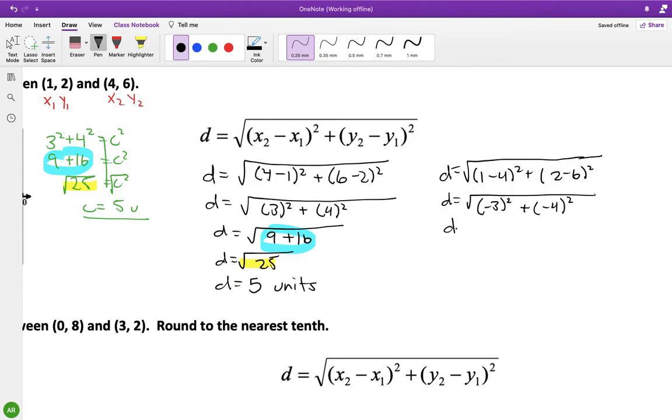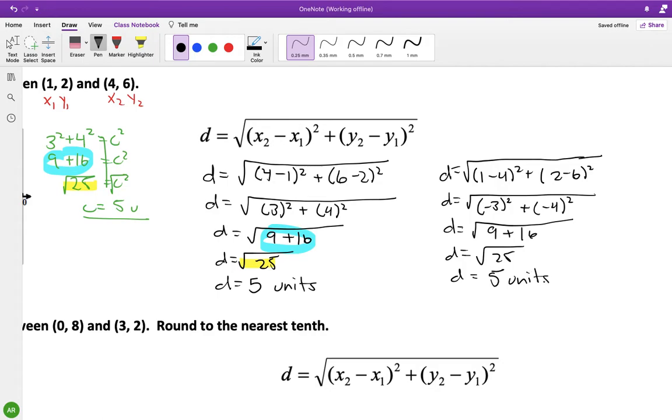Okay, now remember, a negative multiplied by a negative is a positive value. So negative 3 times negative 3 is positive 9 as well. So at this point, these turn into the exact same problem. Now one thing you have to be careful with is that a negative value squared is positive. If you put that as a negative, you're going to mess up.